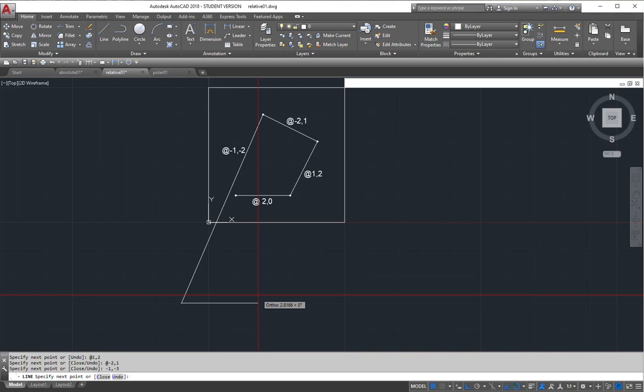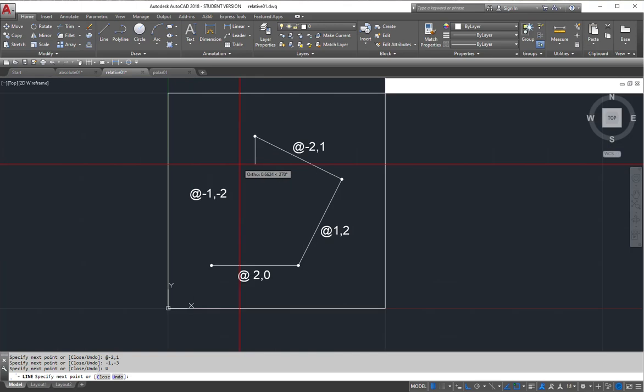Okay, if you notice under my command line right here, I missed the at symbol, which means it went to the 0, 0 and gave me an absolute value. So I have to retract this. Now I can go and say at -1, comma, -3.